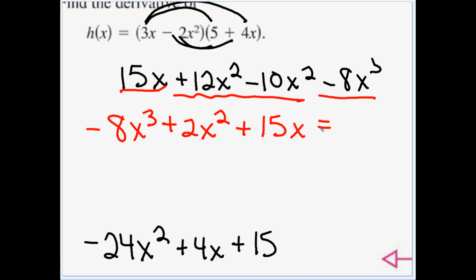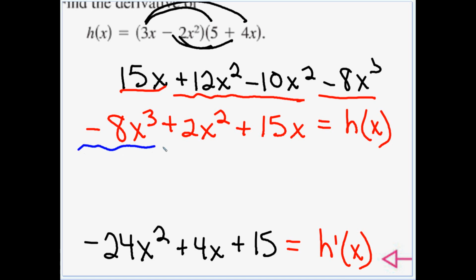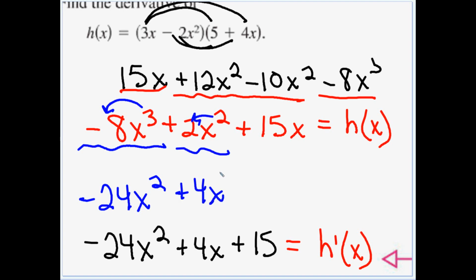So this is still our function h of x; we have not derived. Down here at the bottom, that is our h prime that we got with the product rule. Let's see if we derive this, if we get the same answer. Here, with the power rule we would multiply and get a negative 24, x to 1 power lower, that term looks good. 2 times 2, that'll be a 4x to 1 power lower, 4x to the first.